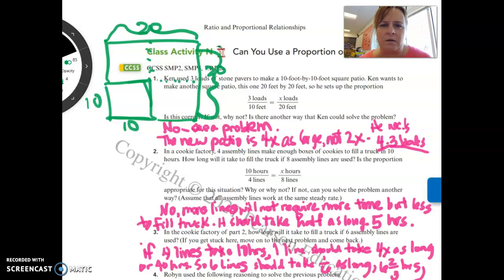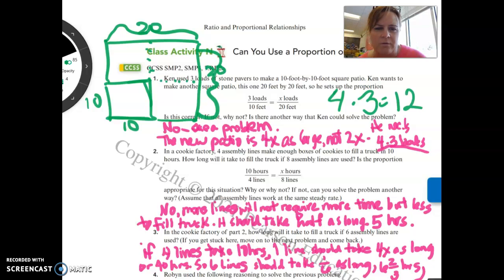And so our area is quadrupled, not doubled. So since the area is going to quadruple, he's going to need 4 times the 3 loads, or 12 loads, if he wants to make a 20 by 20 patio.